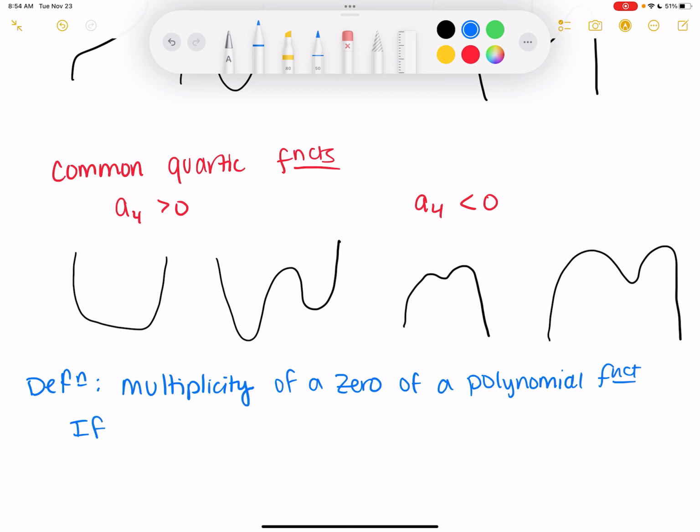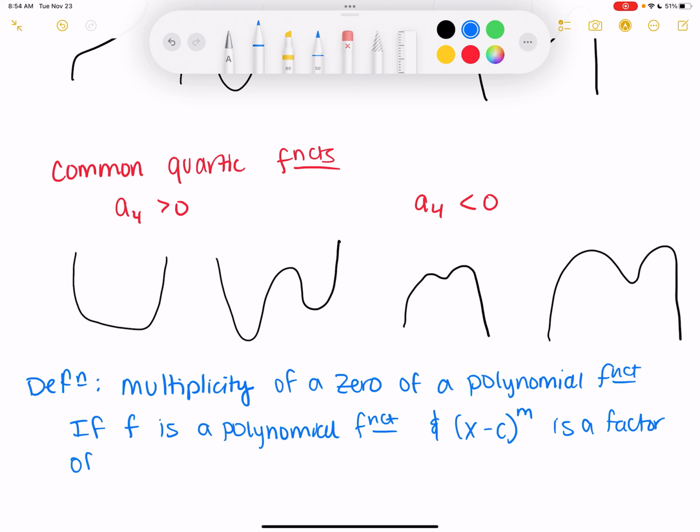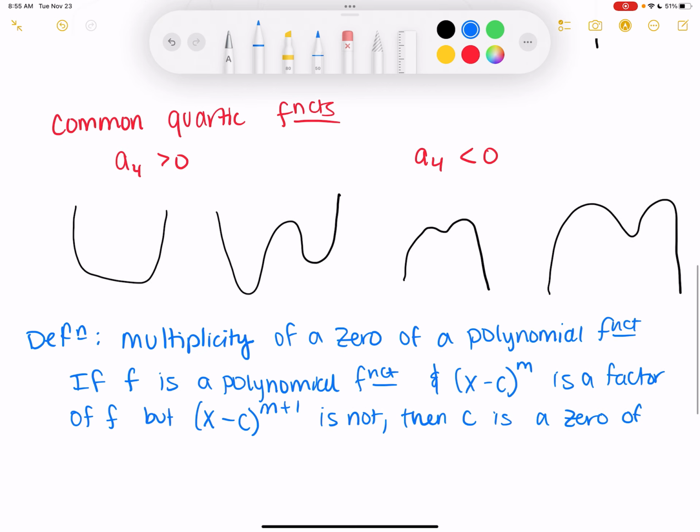If f is a polynomial function and x minus c to the m is a factor of f, but x minus c to the m plus 1 is not, then c is a 0 of multiplicity m of f.